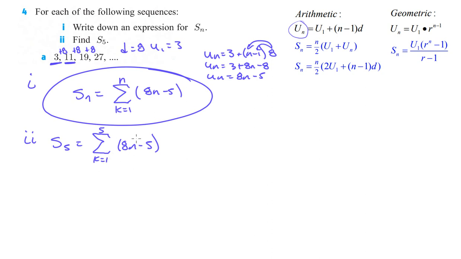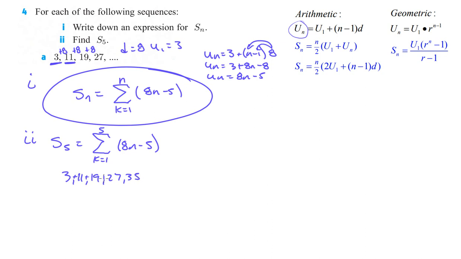If you plug in 1, we get 3. You plug in 2, we get 11. They want to know what the first 5 numbers are going to be, and then we add them all up. 19, 27. If you plug in 5, 8 times 5 is 40, minus 5 is 35.